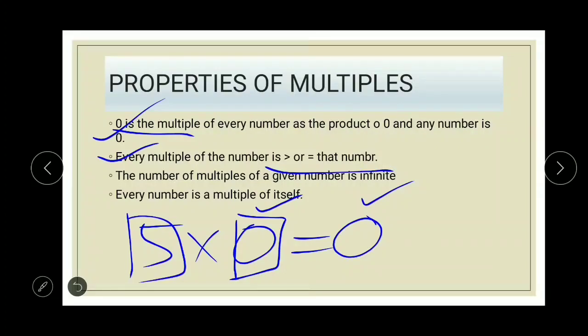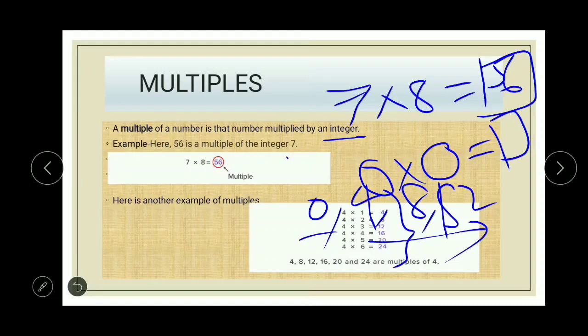Now let's check the next slide. The number of multiples of a given number is infinite, because if you multiply again and again, you will get an infinite number of multiples for that number. For the fourth one, every number is a multiple of itself. In this case, we have seen 4 into 1 is equal to 4. So 4 is a multiple of 4 itself.